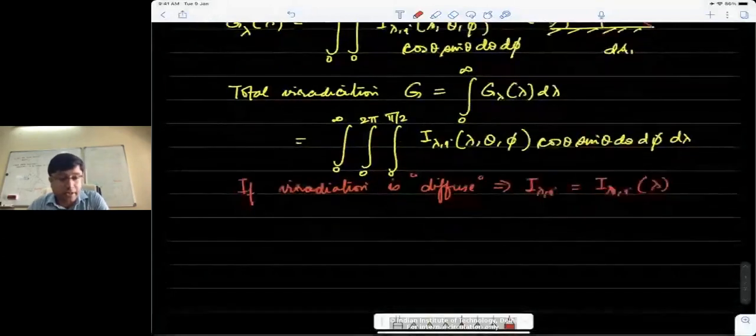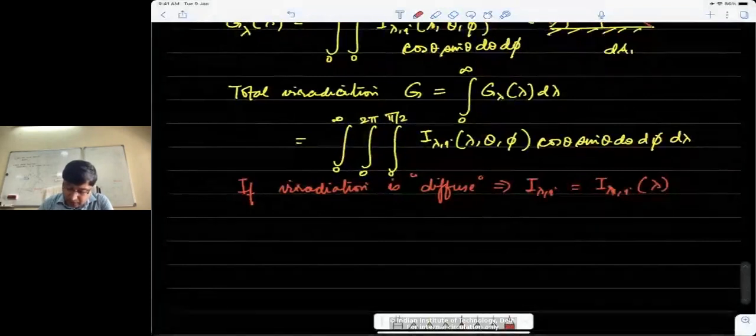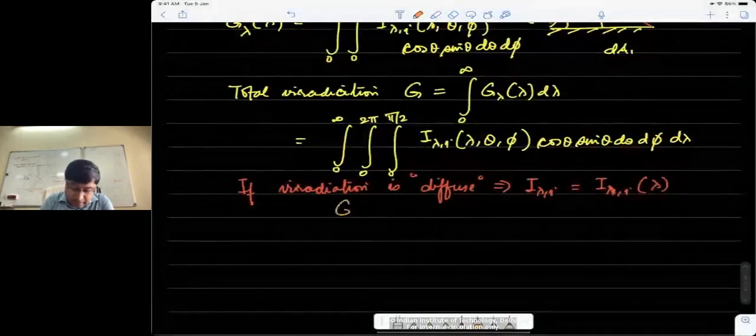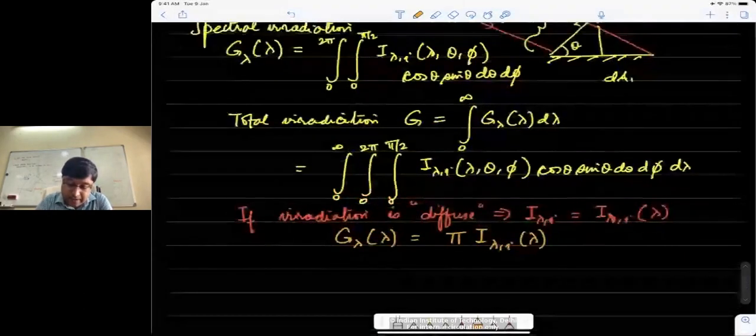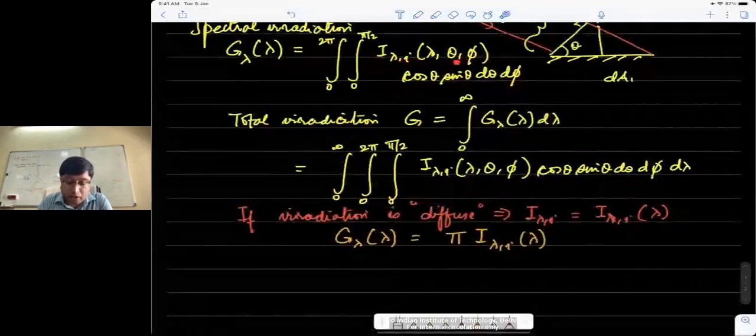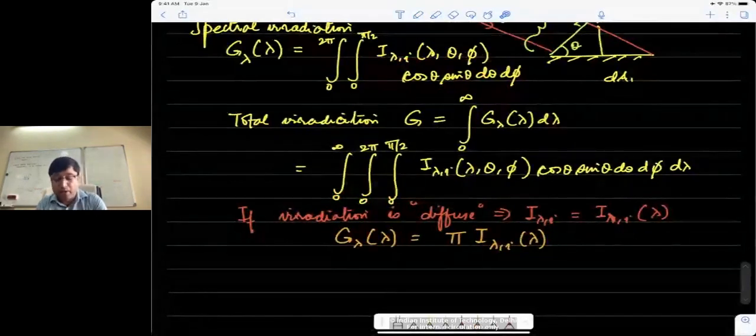The direction dependence is now taken away. So then you can write, for this special case, G_λ would just be π times I_λ,i of λ, and that is easy to obtain because if I_λ,i in this equation is independent of θ, φ, it goes out, and then you can easily integrate whatever is in the integrand, which is only a function of θ.